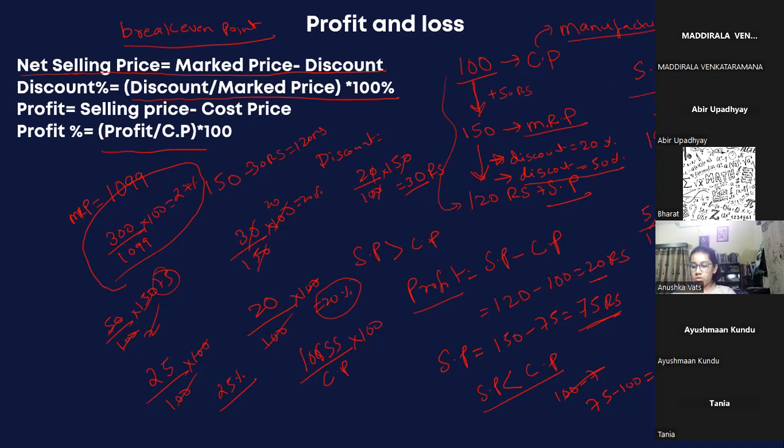So it will be 33.3333%. If he gives this much discount, he will be selling at break even, which is neither profit nor loss. Remember always, profit and loss percentages are always calculated on cost price, but discounts are always calculated on marked price.